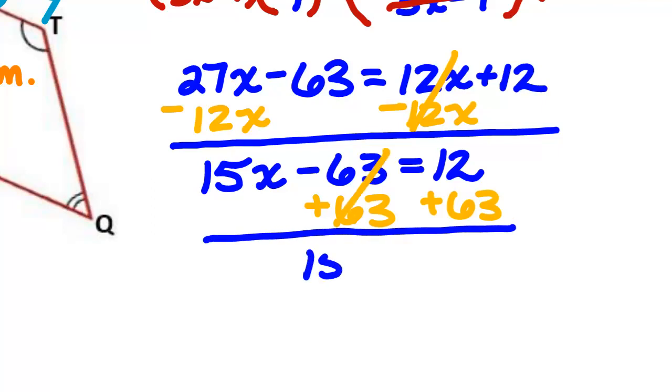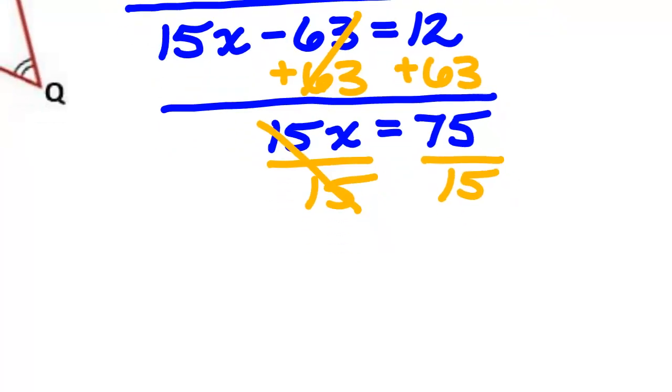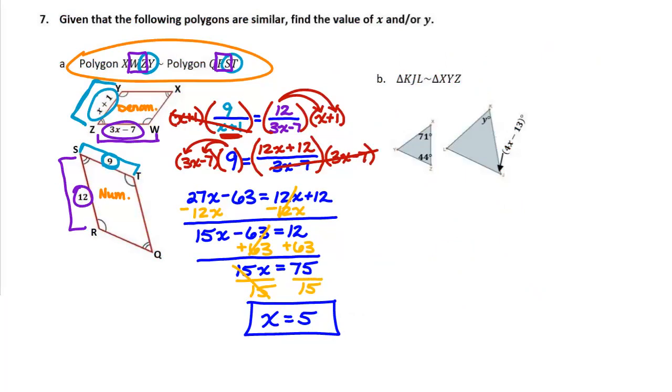So I have 15x equals what? 75. To finish this up, getting x all alone, divide both sides by 15. And x comes out to be 5. You're absolutely correct. Fantastic work.